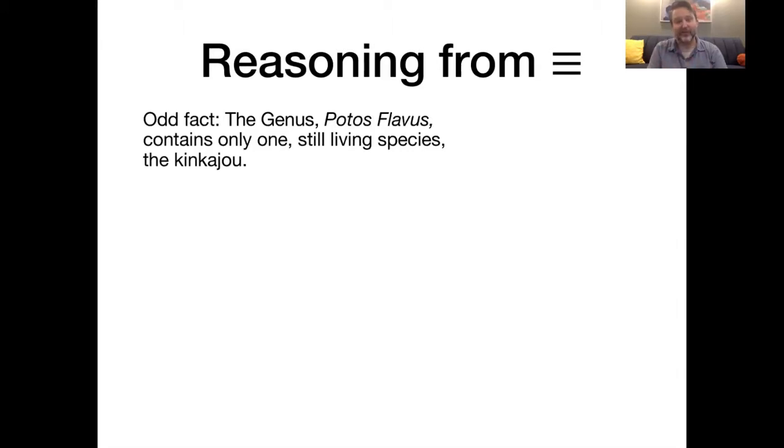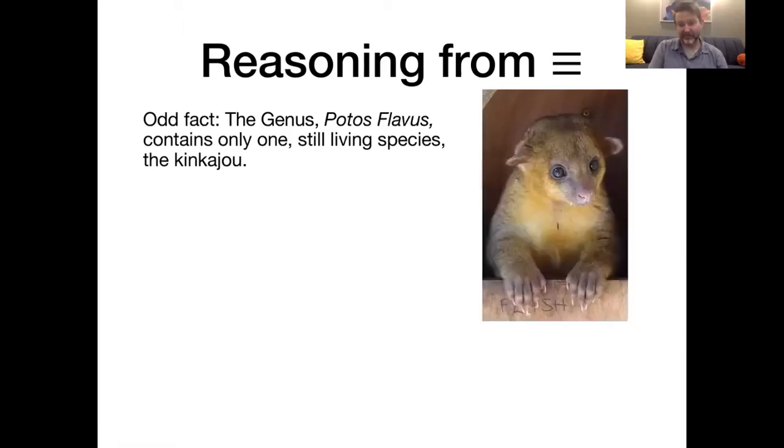So another example here is built on an odd fact. There's a genus of mammal called Podus flavus, and it contains only one still living species, and that is the kinkajou. So the kinkajou has its own unique, I think it's order actually, of mammals that it belongs to. So there's the guy, he's pretty cute.